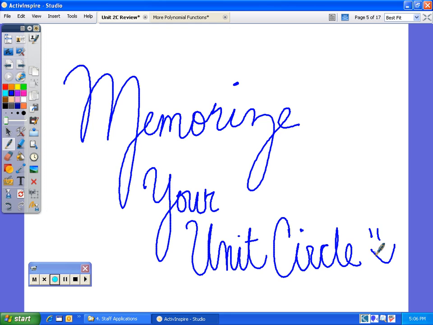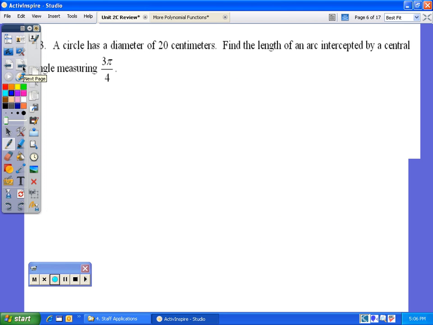Now we're going to move on to the length of the arc and area of the sector. There are two formulas that you really do need to know.